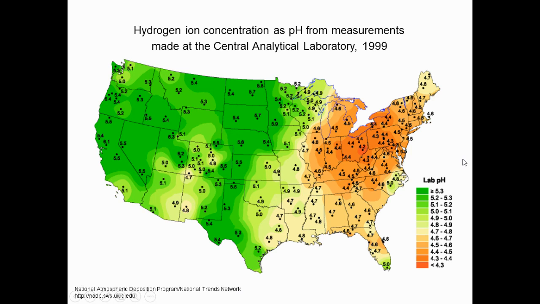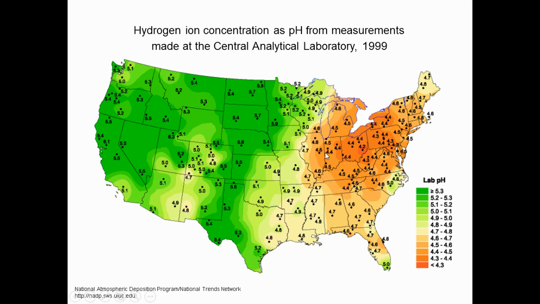On this chart, from the National Atmospheric Deposition Program, and I apologize, the data is a little bit old, from 1999, you're looking at the pH of the water in different areas. You can see a lot of the water is around pH 5.5 to 6. Then toward the Rust Belt, the water is in the range of 4.5.